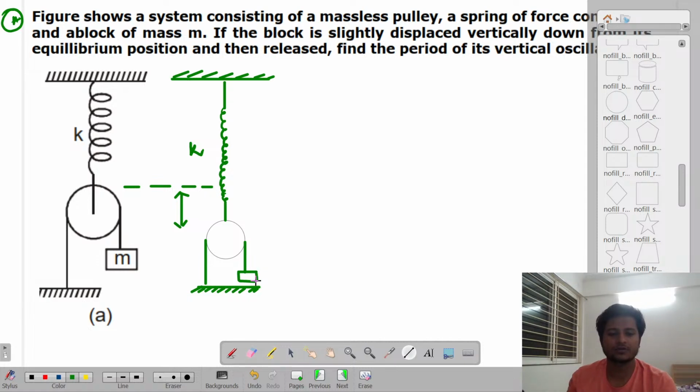Okay, one hint, this question will be solved using constraint motion.